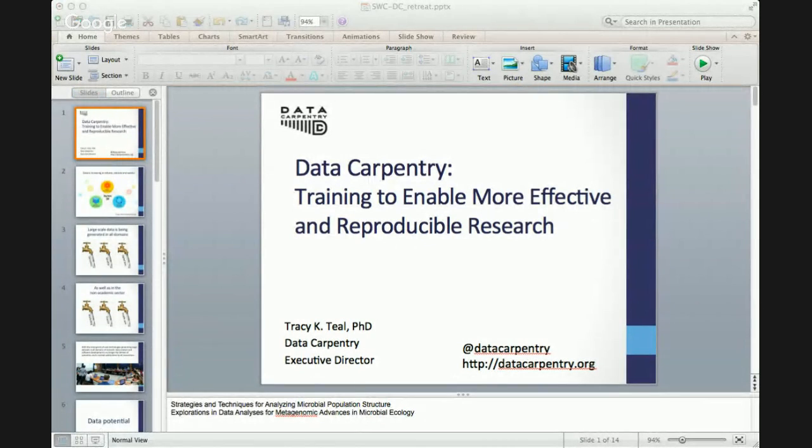Okay. So our goal, like software carpentry, is training to enable more effective and reproducible research. The motivation for this is that data is increasing in volume, velocity, and variety. So this is the big data 3 V's. There's another V too that I don't remember what it is.